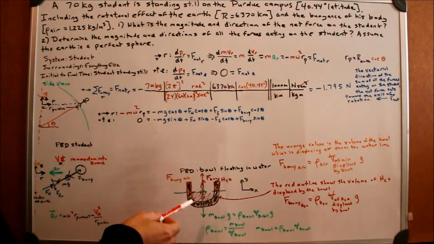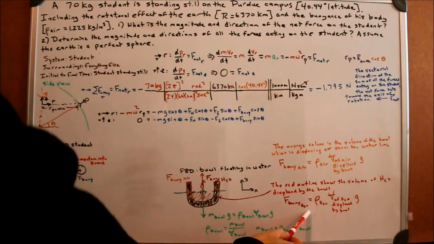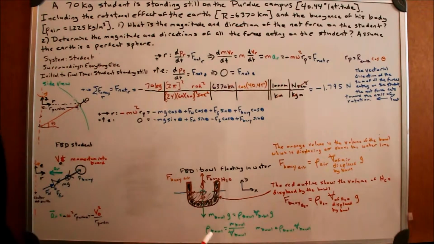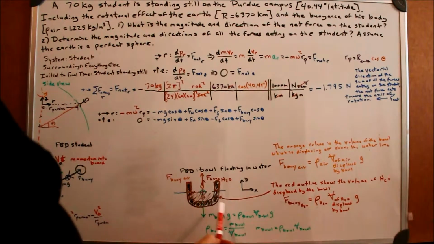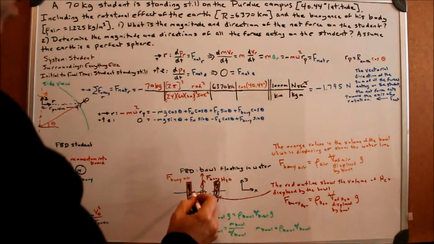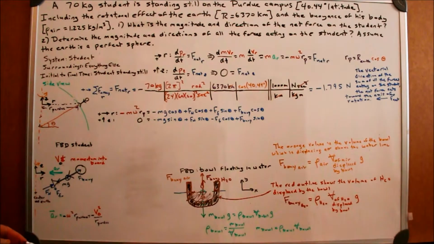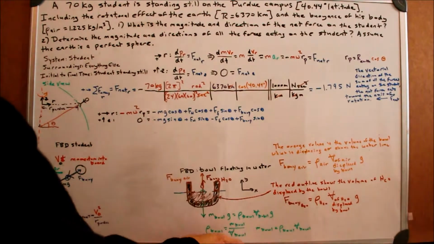So there's a buoyancy force for that displaced volume, shown by this red outline and all the stuff that's moved. And that buoyancy force, which is from the water acting on the bowl, is the density of the water times the volume of all this water displaced times g, and that's a positive force outward from the center of the earth.